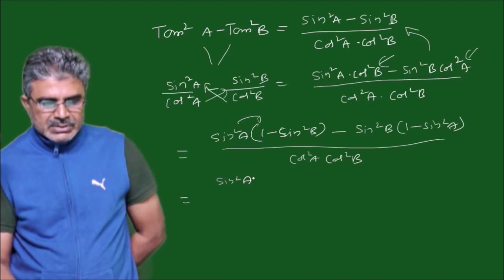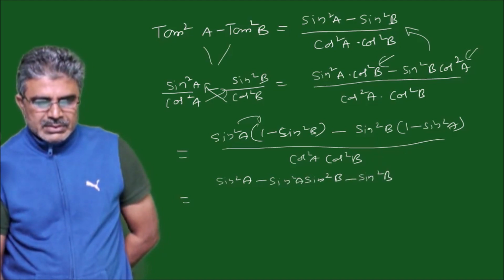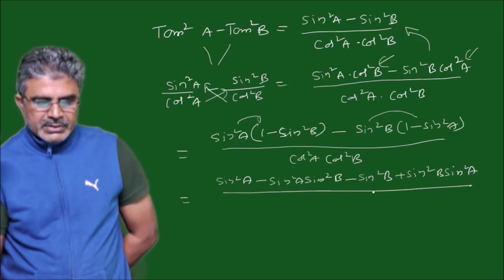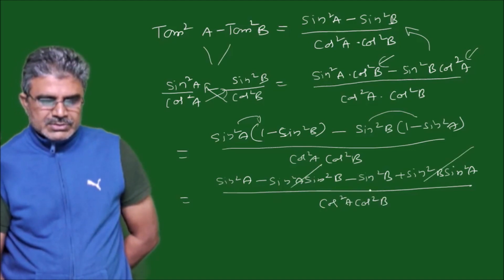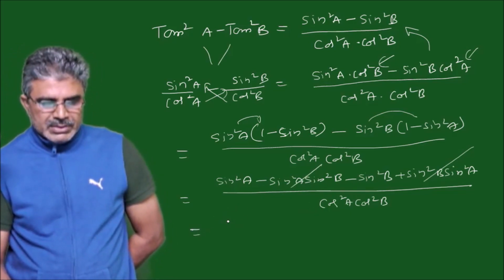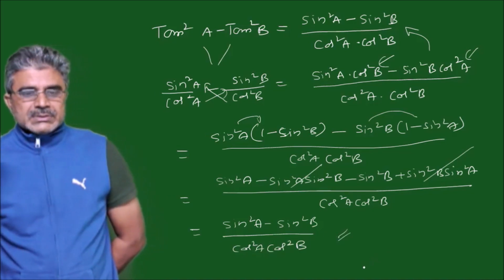So sin square A minus sin square A into sin square B, and this one minus sin square B minus into minus plus sin square B and sin square A whole divided by cos square A cos square B. So these two terms get cancelled because it is sin square A and sin square B, both are the same, so I can cancel. Now the remaining thing is sin square A minus sin square B divided by cos square A into cos square B, and the RHS.